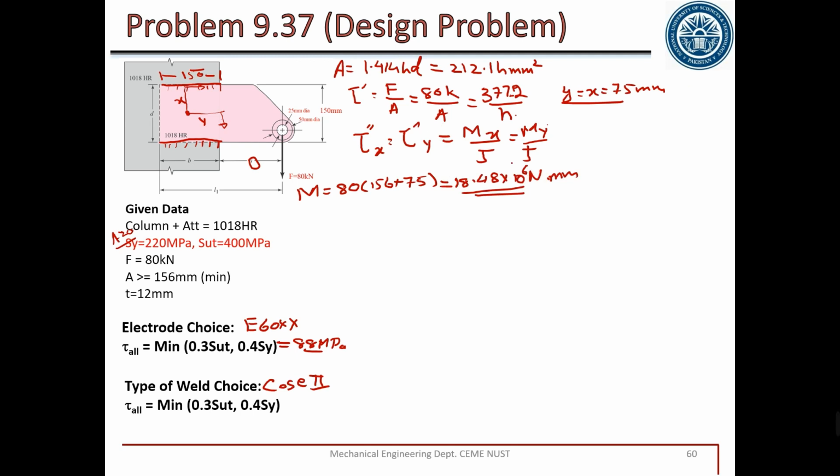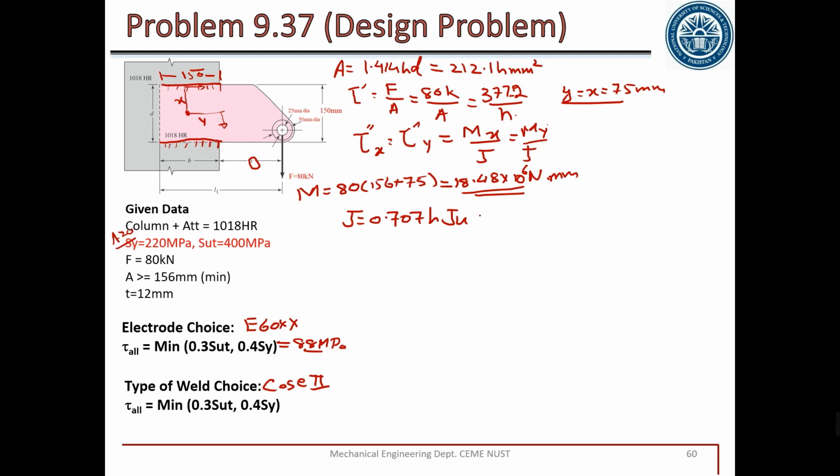We have M, we have all the values. We need J as well. J is equal to 0.707 h Ju. Just check the value of Ju from Table 9-1. The value of Ju given in that table is D into 3B square plus D square, whole divided by 6.